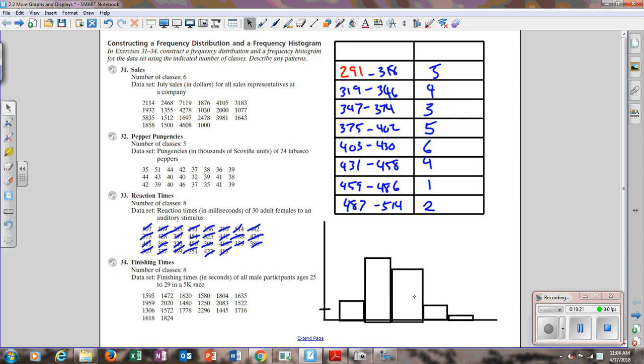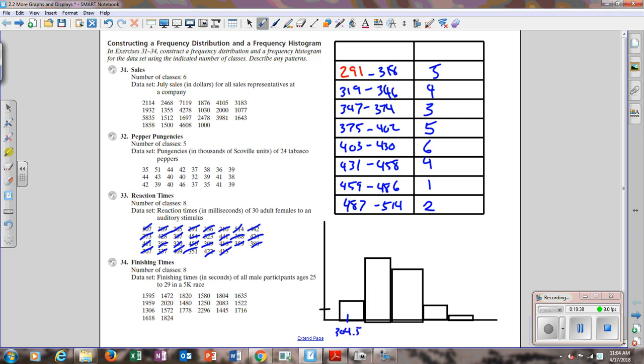Alright. So now I have to find my midpoint for the first one, which is 304.5. He wants a big number.